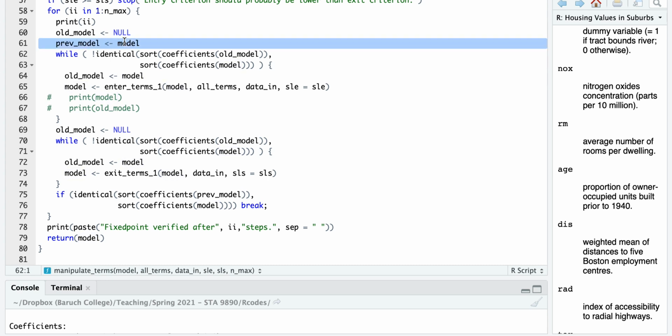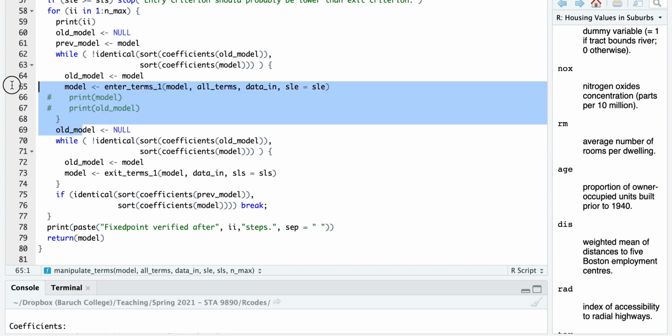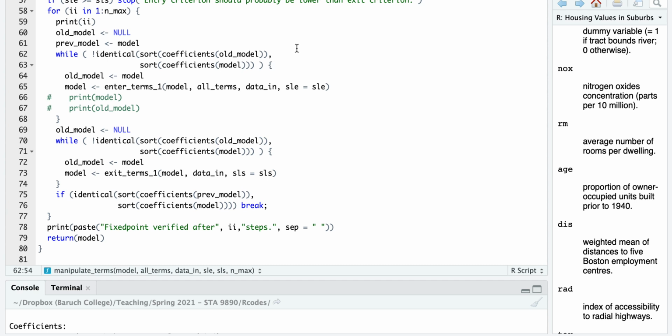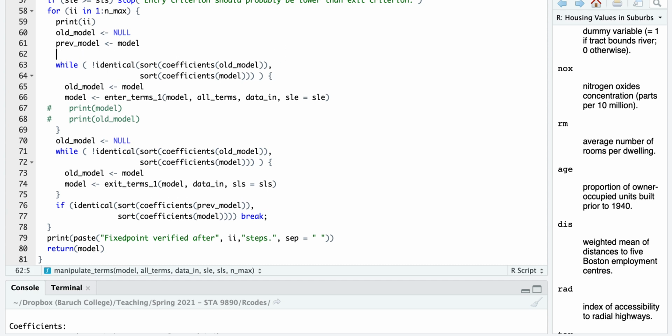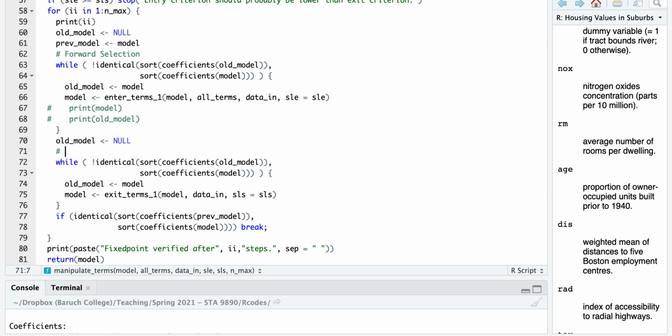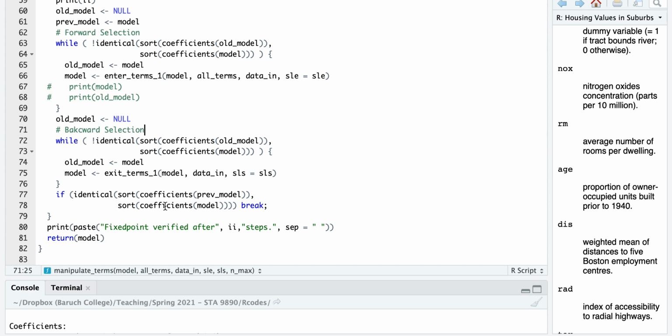So if the model that we had here is after the forward selection, okay, this is what I should call forward selection, and then after forward and backward selection, if the model hasn't changed, then maybe we should just stop, because we reached something like a local minimum, so we're just breaking out.